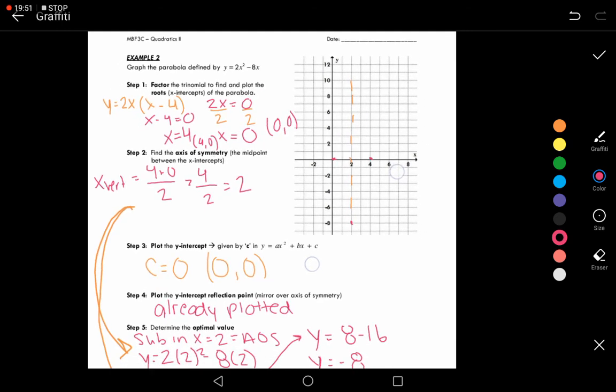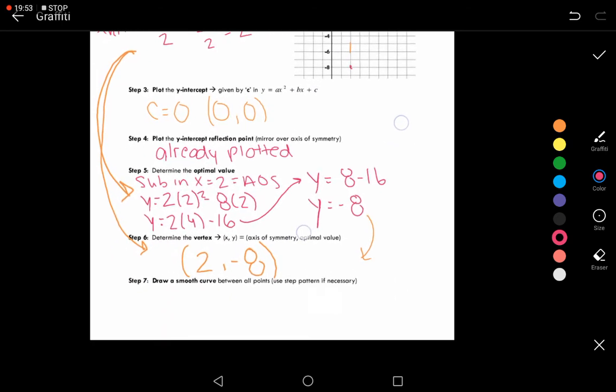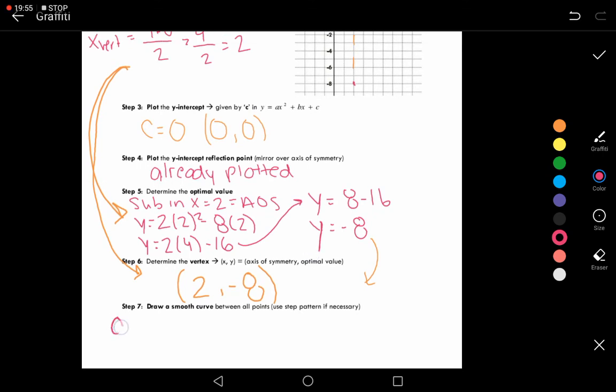So that means that my a value here is going to be 2. Okay, remember to find this step pattern, you're just taking that original step pattern and multiplying it by a. So 1 times 2, 3 times 2, 5 times 2. So my step pattern is going to be 2, 6, 10, right?